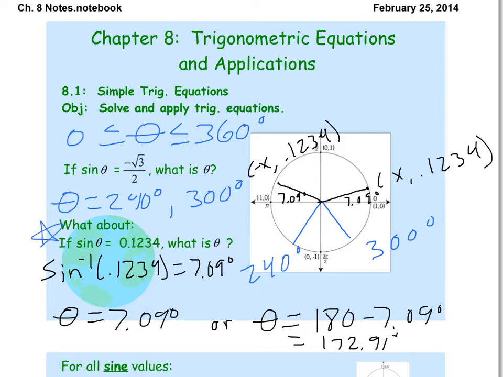Okay? And those would be our 2 solutions. Now, if we wanted to generalize this pattern, it would be that we use the calculator to get the first solution, and then if we take 180 minus our first solution, that will give us our second.